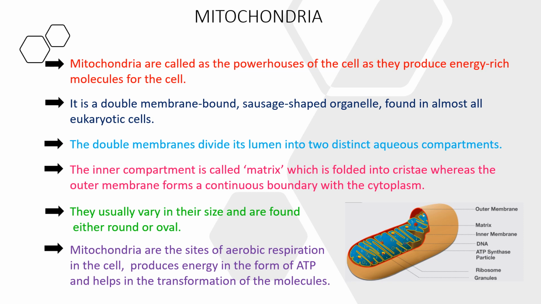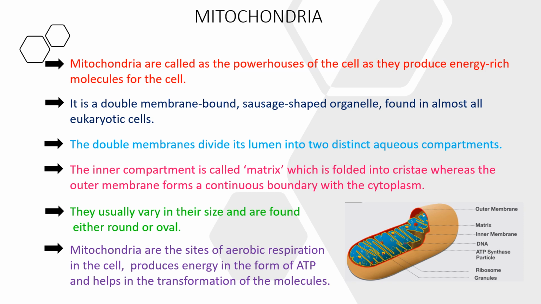The double membranes divide its lumen into two distinct aqueous compartments. The inner compartment is called the matrix, which is folded into cristae, whereas the outer membrane forms a continuous boundary with the cytoplasm. They usually vary in their size and are found either round or oval.